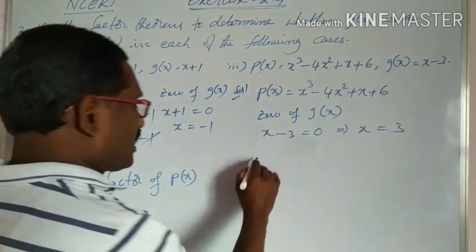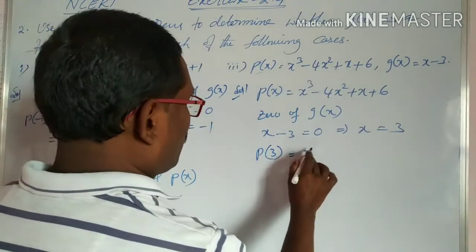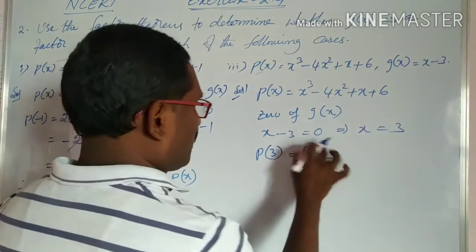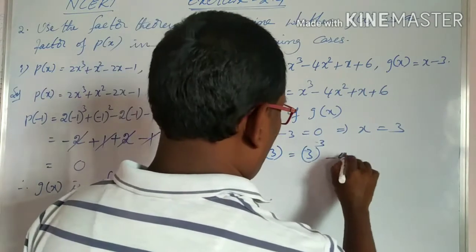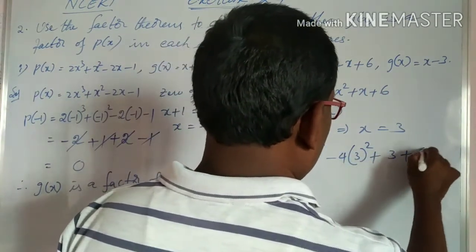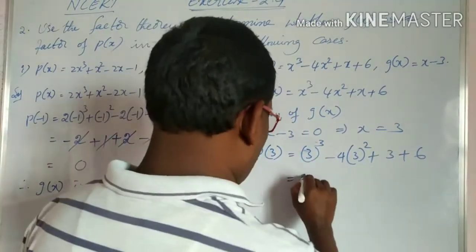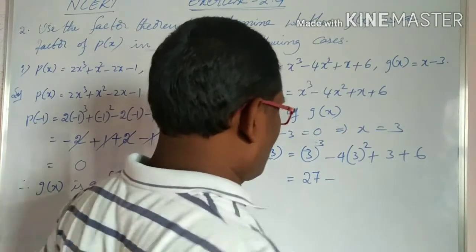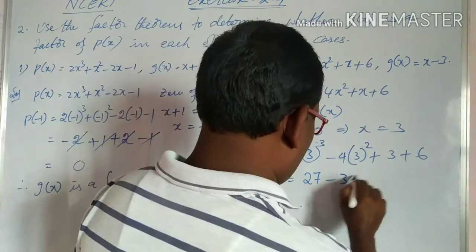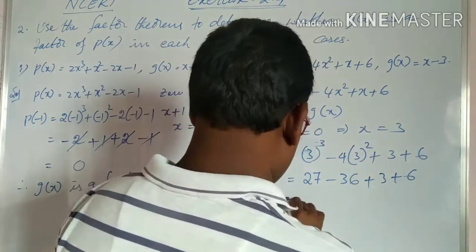Substitute the x value in this polynomial. P of 3 is equal to 3 whole cube minus 4 into 3 whole square plus 3 plus 6. 3 cube how much? 3 3 is 9, 9 3 is 27. 27 minus, 3 square means 9, 3 3 is 9, 9 4 is 36, plus 3 plus 6.